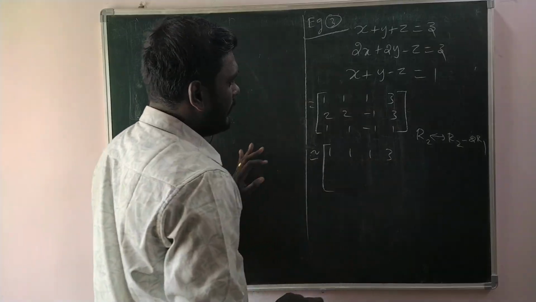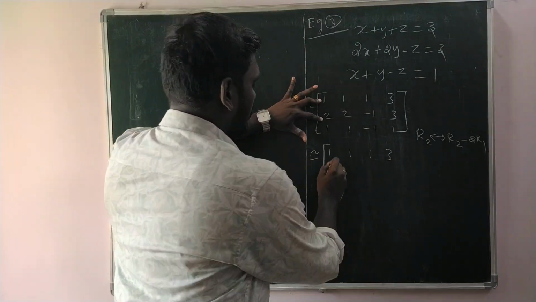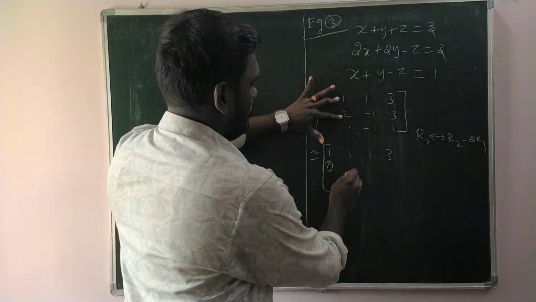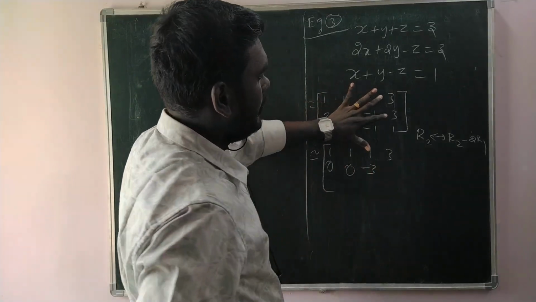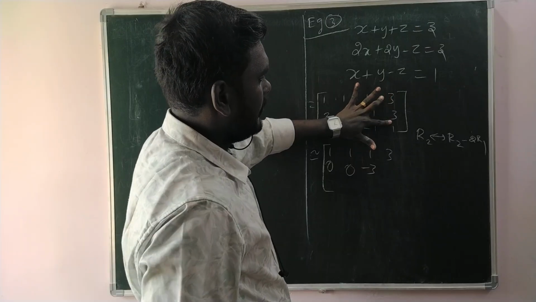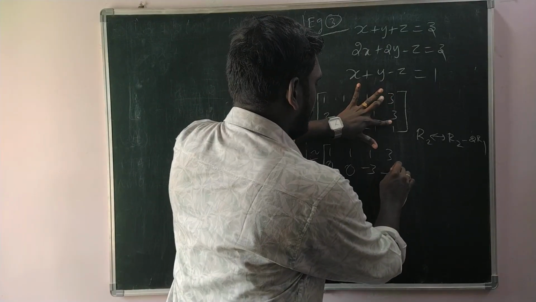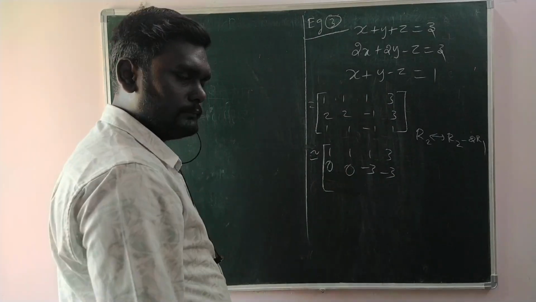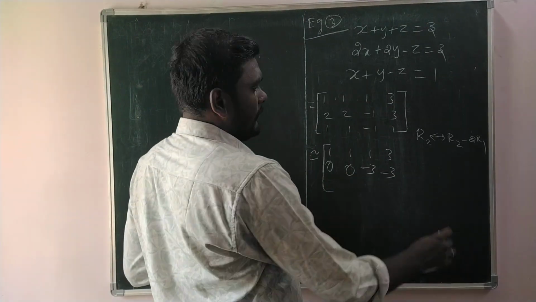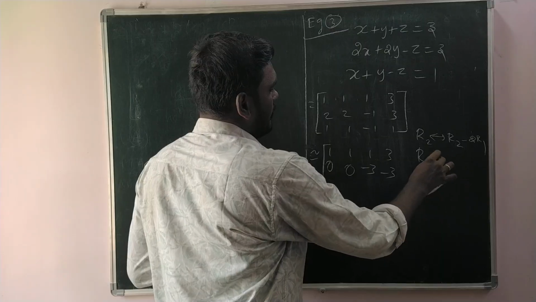Okay, then first row can be written as it is, 1 1 1 3. Second row R2 minus 2 R1. 2 minus 2 is 0. 2 minus 2 is 0. Minus 1 minus 2 is minus 3. 3 minus 6 which is minus 3. Alright, and R3 should be made 0.